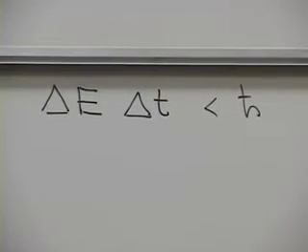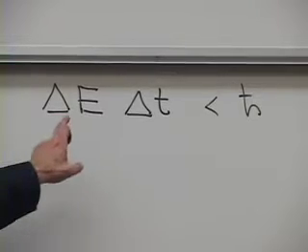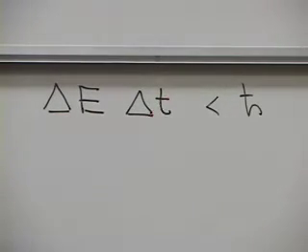You cannot have an apparent violation of energy in an intermediate state that lasts for a time longer than delta E, delta T of order h bar.